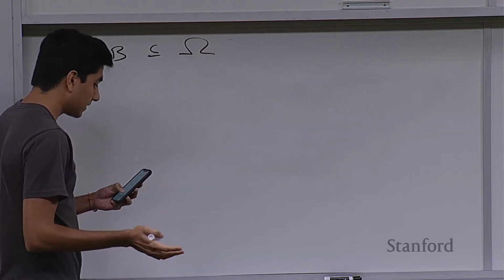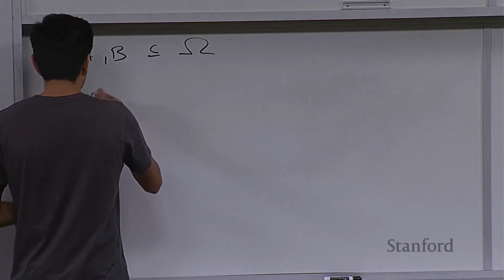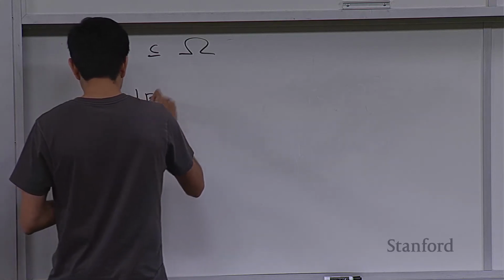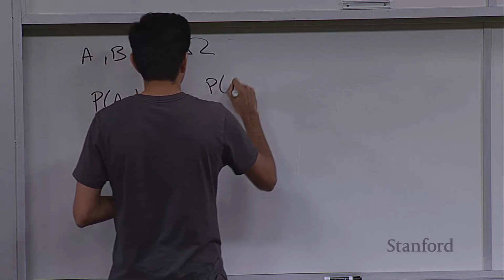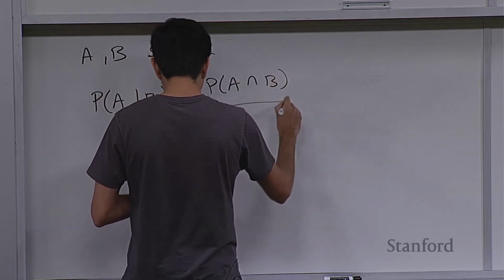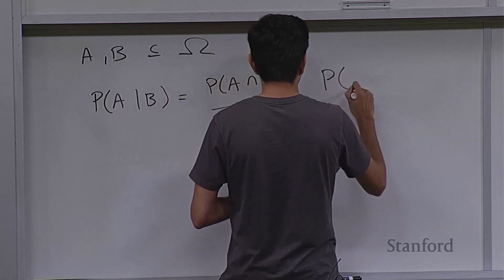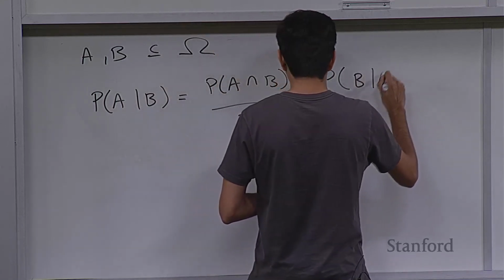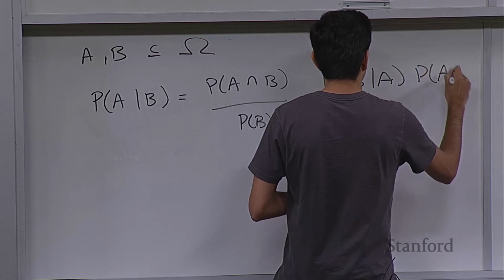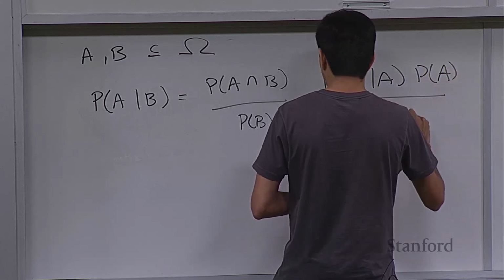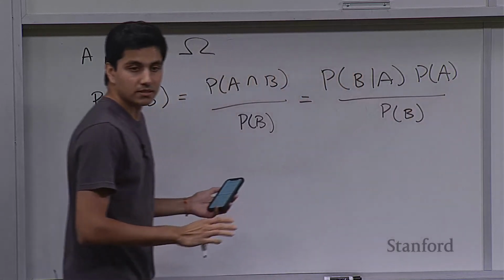And the definition of Bayes' rule is that we can define the probability of A conditioned on B as the probability of A and B over the probability of B, which you can also write as the probability of B given A, times the probability of A, over the probability of B. Does this make sense so far?